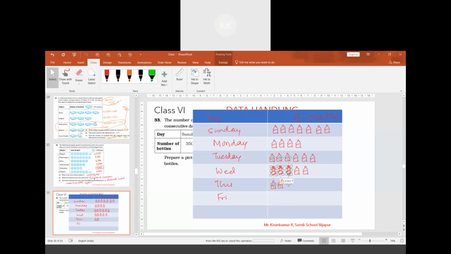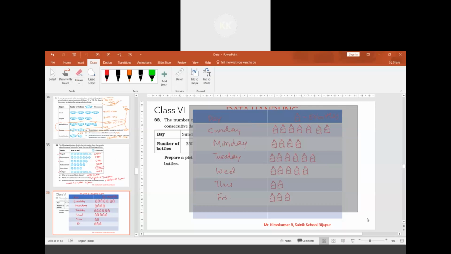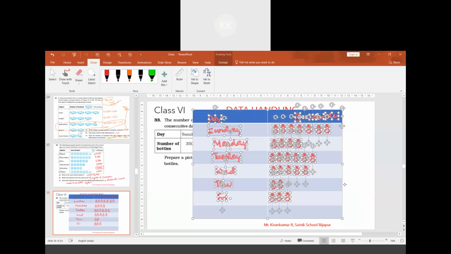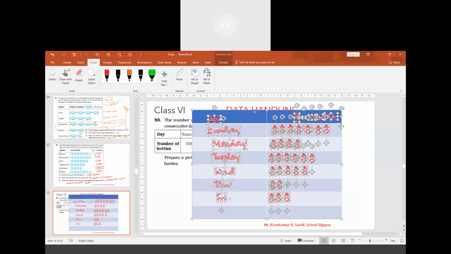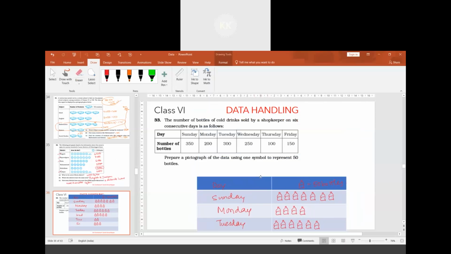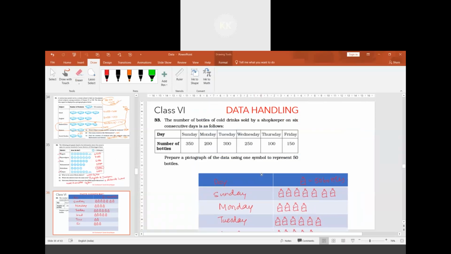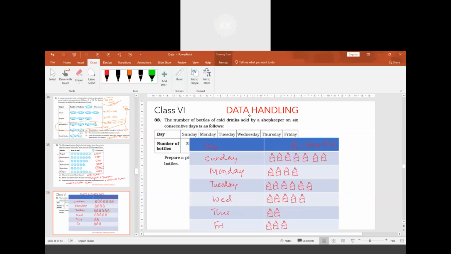So 3 such bottles will indicate 150. You can look at the table here: 350, 200, 300, 250, 100, 150.